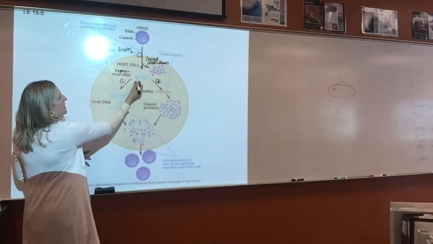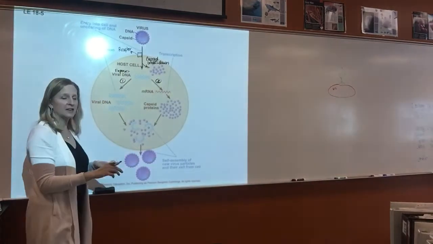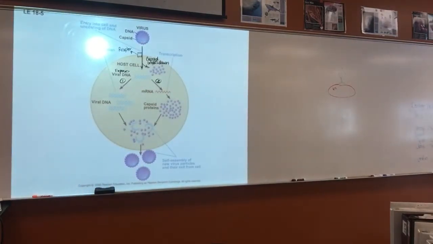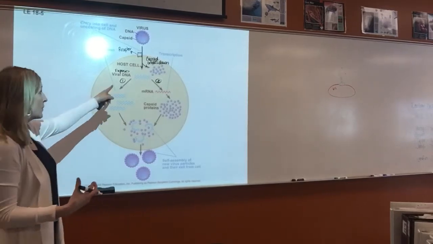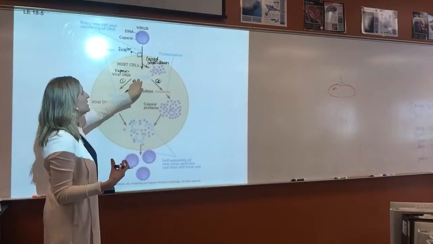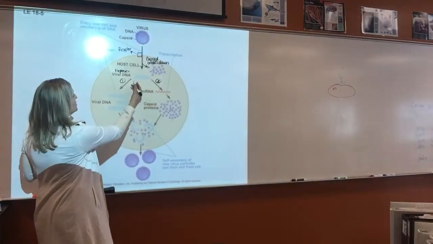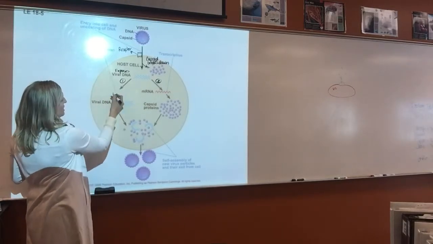The first one is we're going to use that viral DNA. So let's say this is a human cell, and it now has this viral DNA in it. Our cells can replicate our own DNA, but when viruses eject their DNA into us, we can also replicate their DNA using our enzymes. So that's what this is, it says replication here.